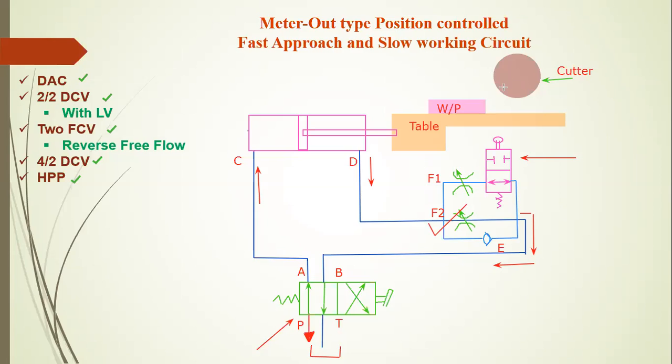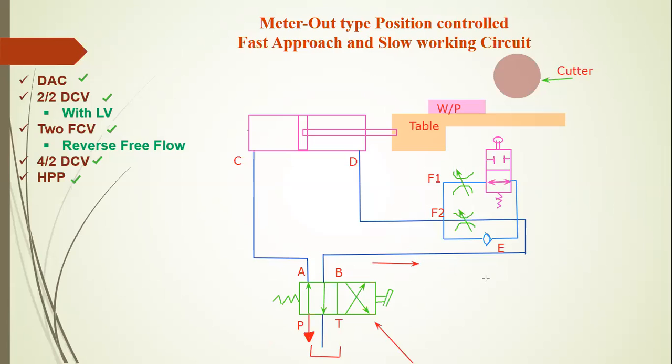At this time the cutter and workpiece are in contact and it works at slow speed movement. Then the other stroke is active, which means the retract position is active. At this time the second position of the 4 by 2 direction control valve is active.